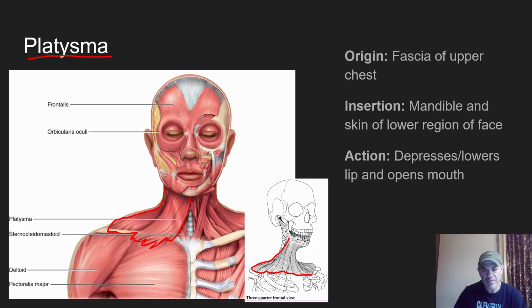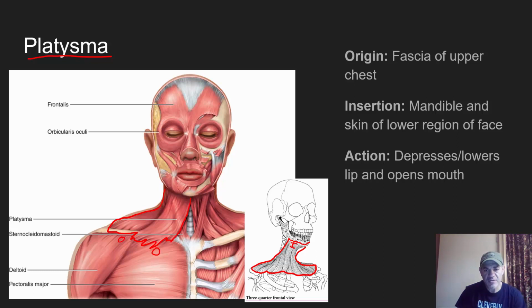So if we look at it in isolation over here, in the black and white drawing on the right, it goes all the way around the neck area, and then comes up to the lower mandible, and even some of the skin up there. And so the origin is actually going to be the fascia of some of these muscles in the upper chest area. So the origin here is up above the pectoralis and the deltoid muscle. So all of that is the origin of this muscle, and the insertion is on the other side.